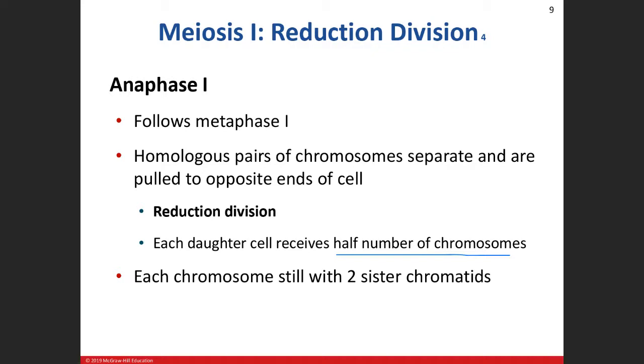So that means each chromosome still has the 2 sister chromatids. That's one chromatid. Here's the other chromatid. The centromere at the center. Remember, each chromatid is how many chromosomes? 23, 23, which is total 46.